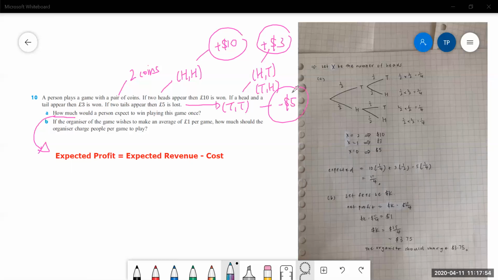But the funny thing about this game is that if you lose, you need to pay money on top of the cost. We haven't talked about the cost yet. But the different thing about this question is that if you lose, it's part of the rule that you have to pay the $5.